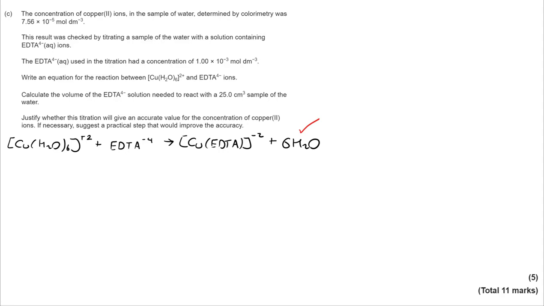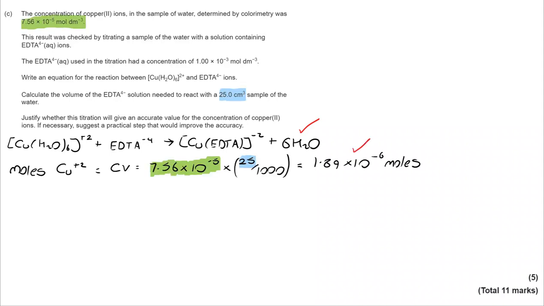First thing here, though, is actually to write the equation out, that when we start with our hexa-aqua copper 2, all 6 water molecules are going to be displaced, replaced by the EDTA 4-. This 2- on the Cu EDTA complex is absolutely vital, because it's 4- on the EDTA and the copper is 2+. From there, we can work out the moles of Cu2+.